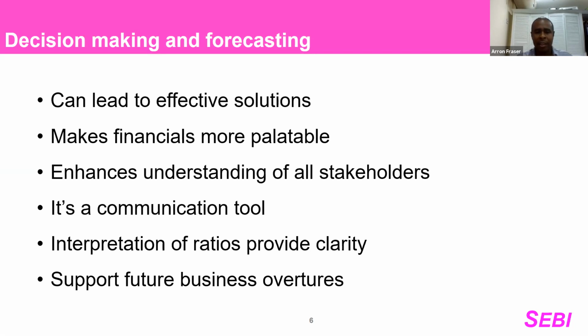Middle managers may take the financials, perform ratio analysis, and say to senior management, well, here's an opportunity where we have excess cash, where we have high liquidity, where our debt to equity might be low, so we might be able to borrow to expand the business. So they can use ratio analysis as a support for future business ventures, or as I term it here, overtures.